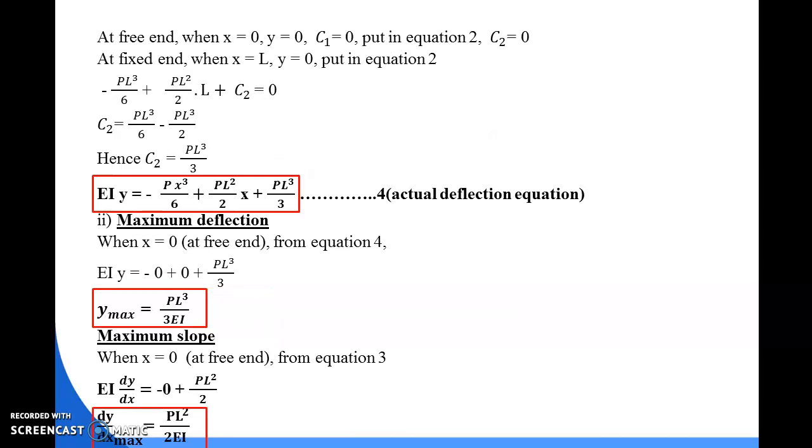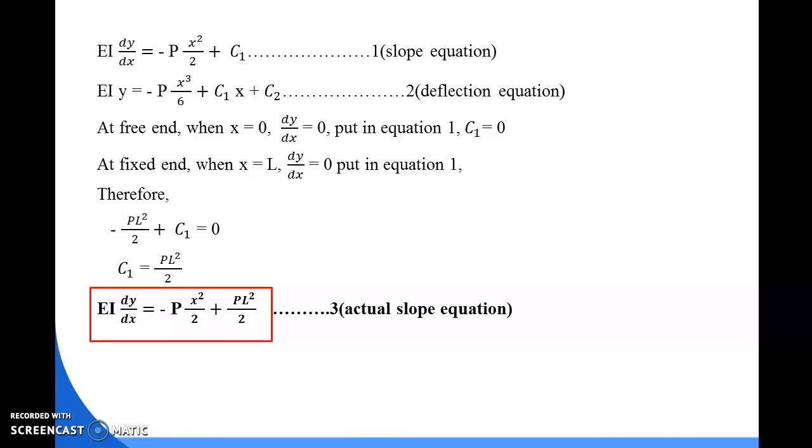So after this, when we got our actual slope equation by finding the C1 value, that is PL square by 2, and putting this C1 value in equation 1, we got our slope equation for the cantilever beam. Hence the slope equation is EI dy by dx equal to minus Px square divided by 2 plus PL square by 2.